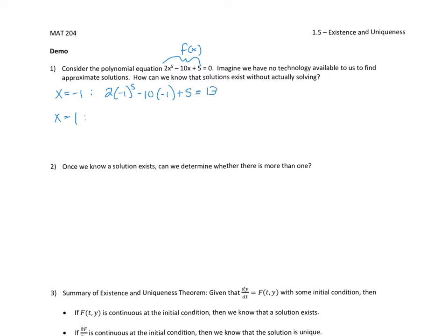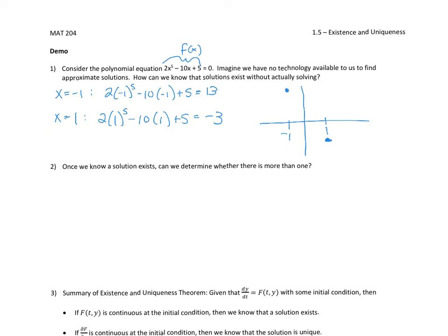And if I plug 1 in, I get 2 times 1^5 minus 10 times 1 plus 5, which is -3. So I know 2 points on the graph now. When x is -1, y is 13, and when x is 1, y is -3.